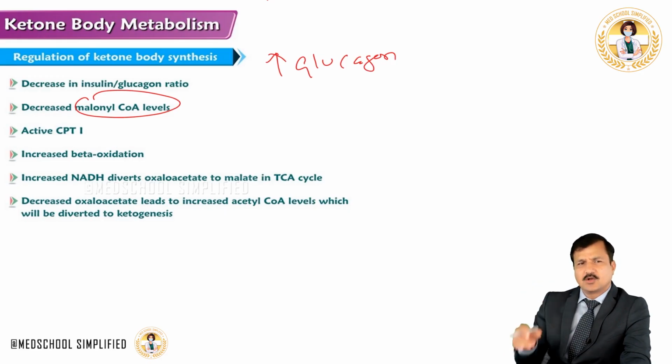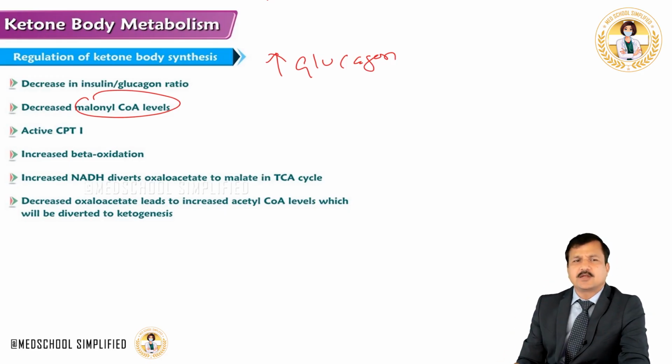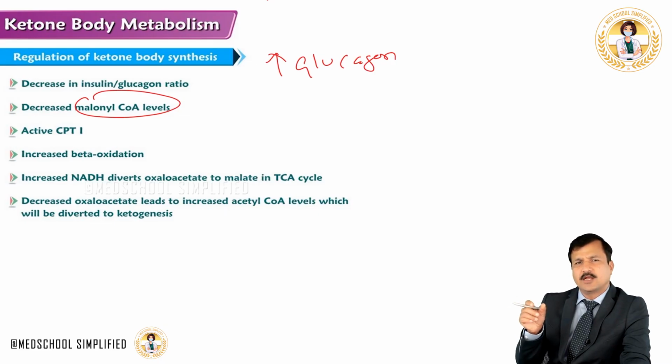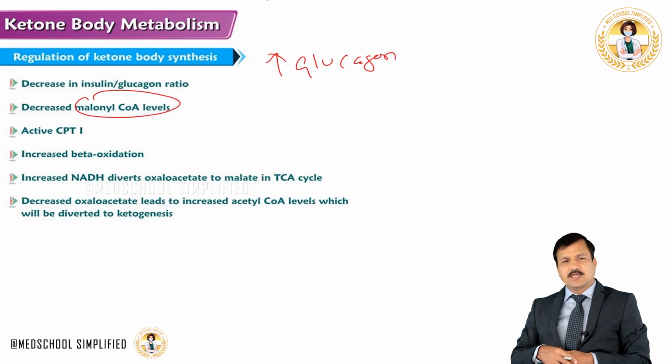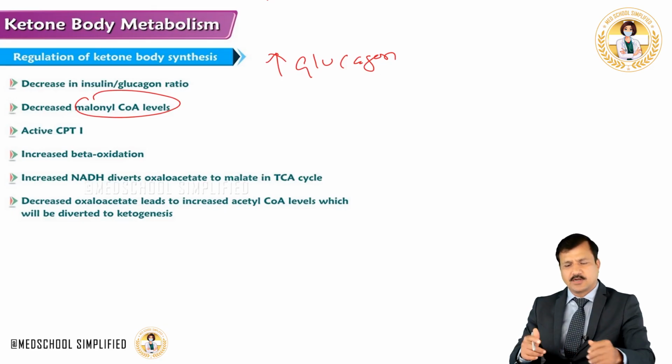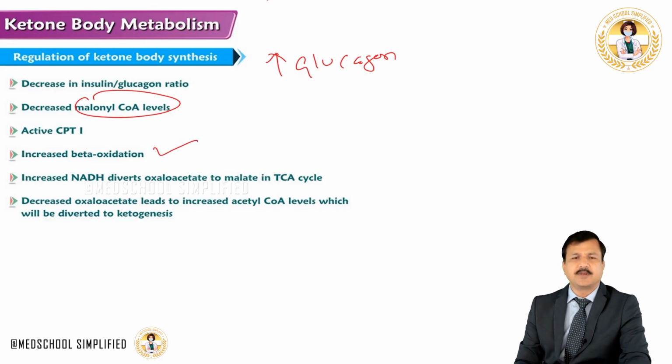So higher glucagon means lower malonyl-CoA levels. Lower malonyl-CoA levels means its negative effect on CPT1 is not there, so CPT1 is free to work, so it is allowing long chain fatty acids to go into the matrix of mitochondria, and that increases beta oxidation.